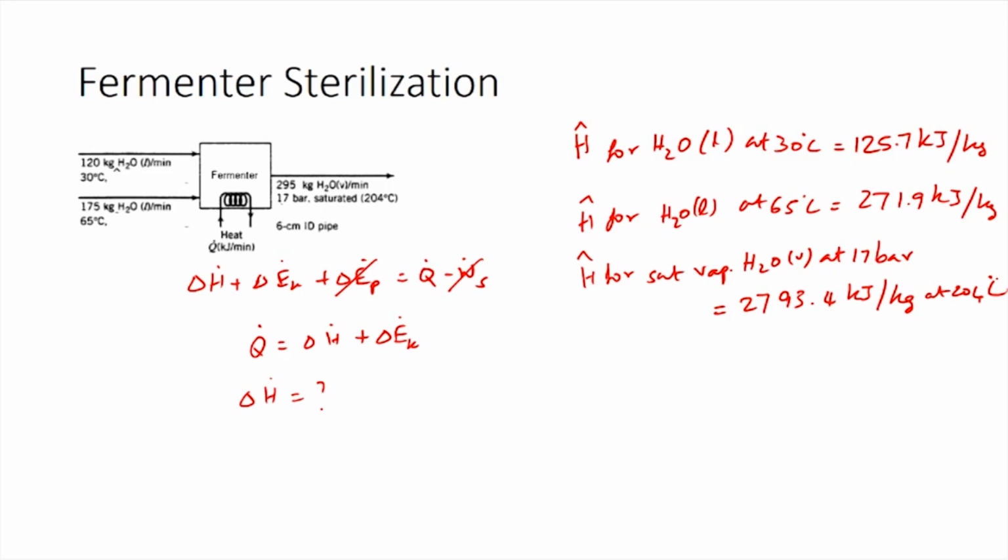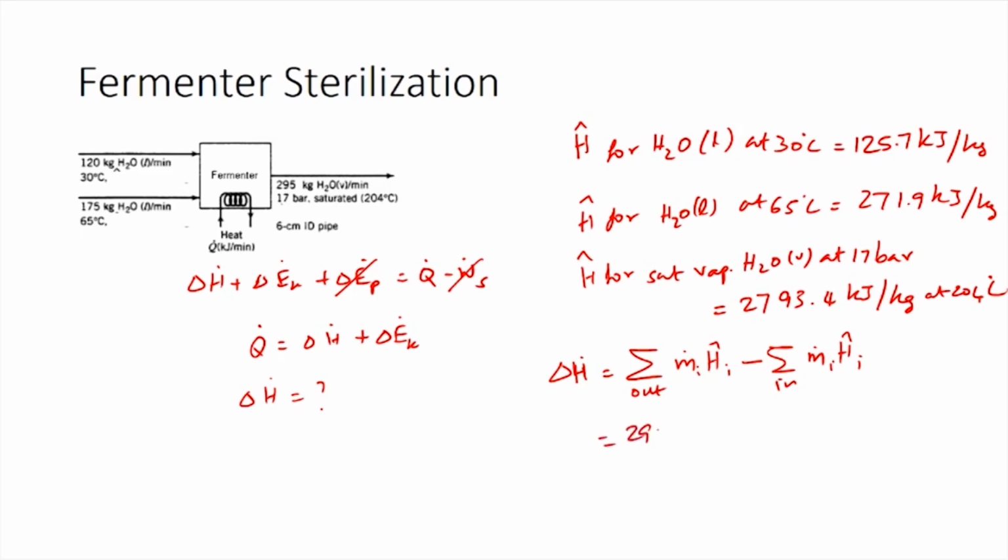Having these values, we can calculate delta H dot. Delta H dot is equal to sigma of outlet streams m dot H cap minus sigma of inlet streams m dot H cap.